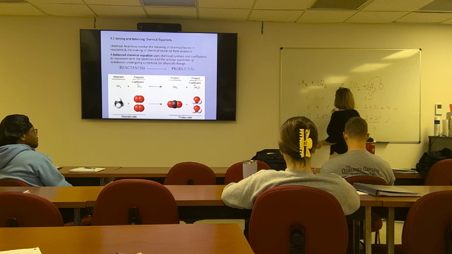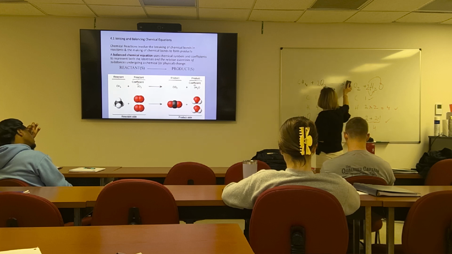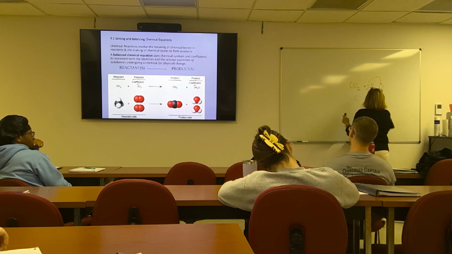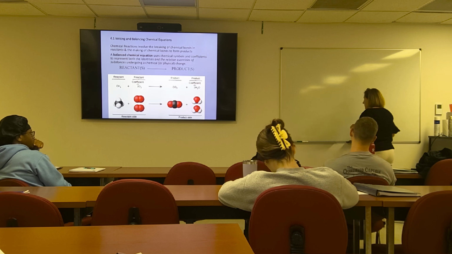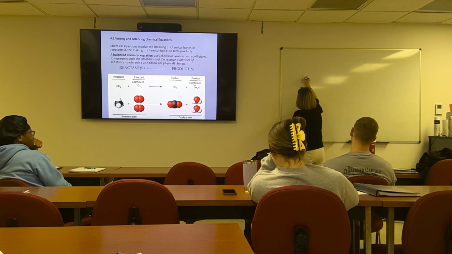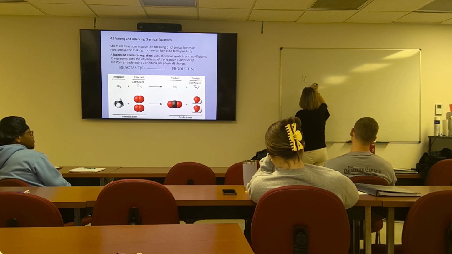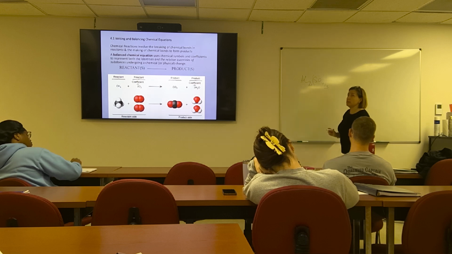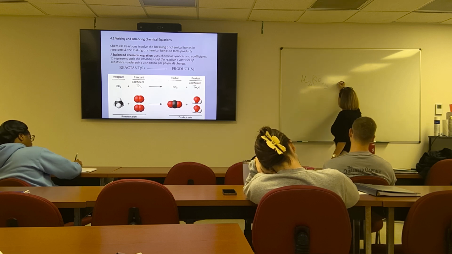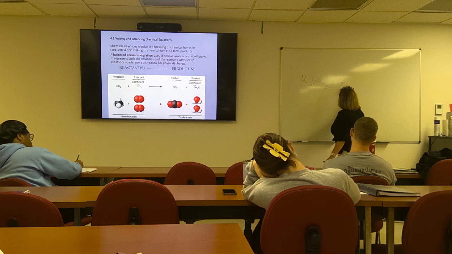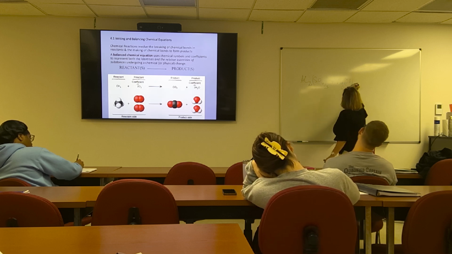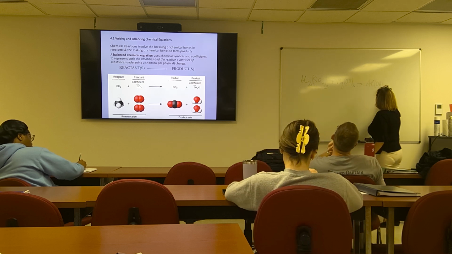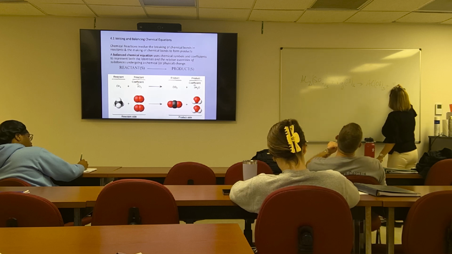So let me give you another example that is not in the slides. I just have to come up with it. Okay, so if I take something like this: aluminum sulfate reacts with magnesium hydroxide to make aluminum hydroxide and magnesium sulfate.